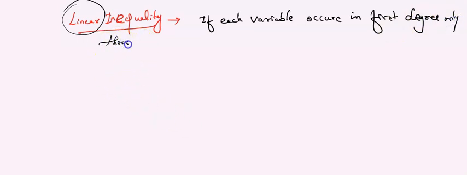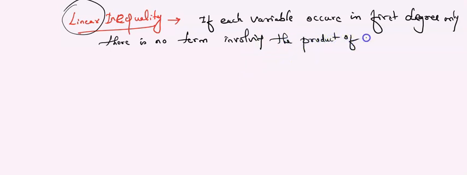There is no term involving the product of the variables. Such an inequality we call a linear inequality.